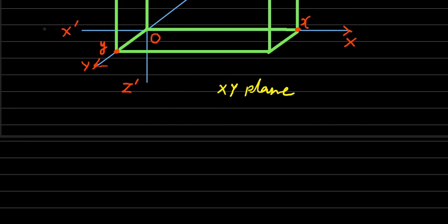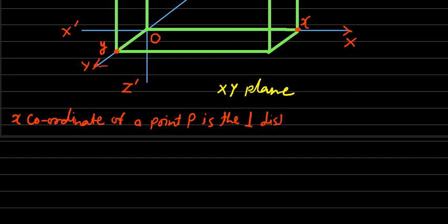So the x coordinate of a point P is the perpendicular distance of point P from the YZ plane.